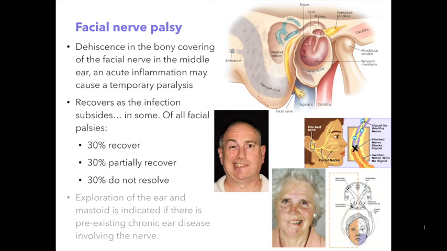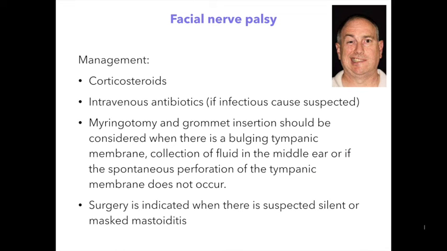And so what happens? It's a temporary paralysis. Lots of these patients recover. However, it is quite distressing for patients when they can't move half of their face. So we give corticosteroids, and intravenous antibiotics if we do suspect that it is infectious.